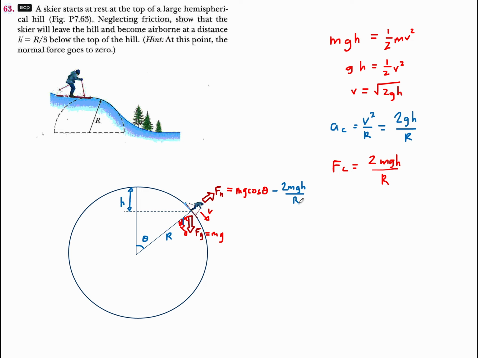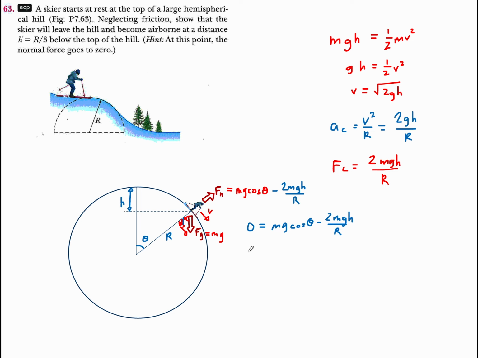Because of that, we can do a little bit of mathematics with this one. We want to figure out when this whole equation is equal to 0. So we can set it equal to 0. At what point is the normal force equal to 0? It turns out when these two quantities are exactly equal to each other. You'll see a couple of nice things that happen here.